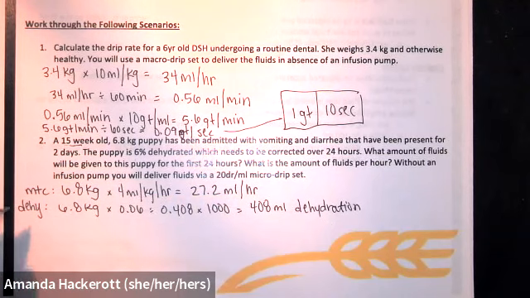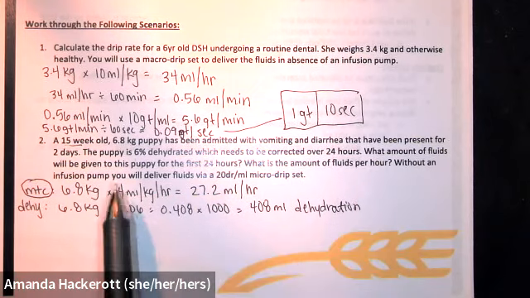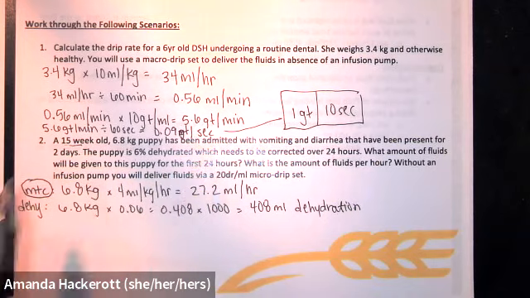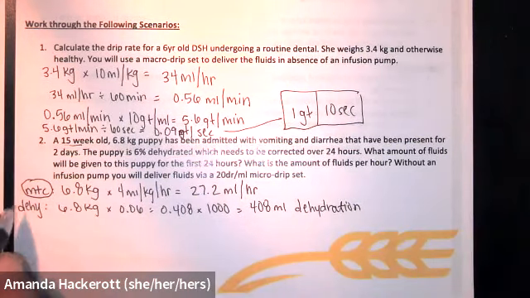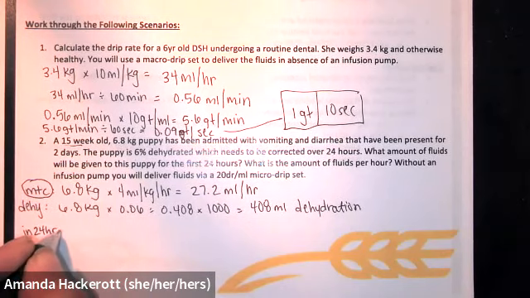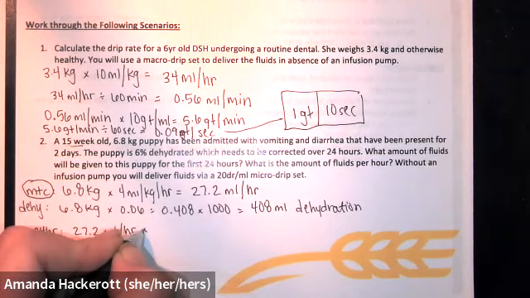So we need to, in a 24-hour period of time, figure out what his maintenance is, because that's our first question. What amount of fluids will be given to this puppy for the first 24 hours? So we have our mil per hour set up here. So we're just simply going to set up another problem for ourselves of 27.2 mils per hour times 24, right?